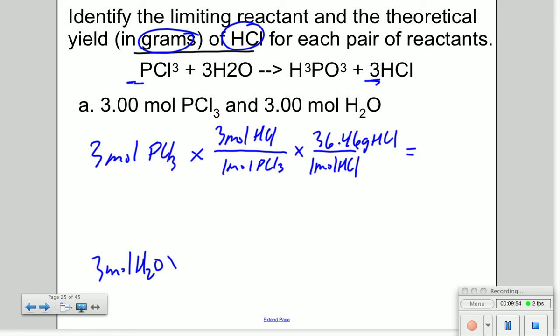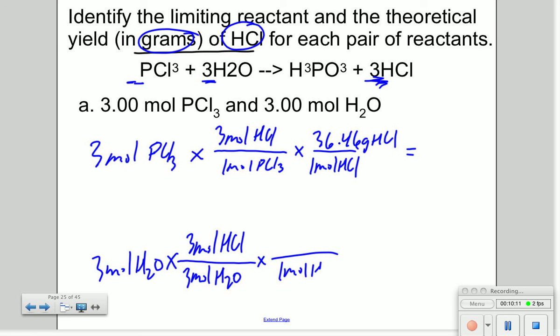Water. Set it up. Look at the coefficient. I have 3 moles of H2O, and I want to get to hydrochloric acid. 3 moles HCl. Convert moles of HCl to grams of HCl. 1 mole of HCl is equivalent to 36.46 grams of HCl.